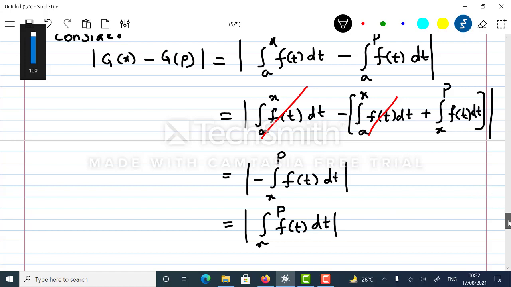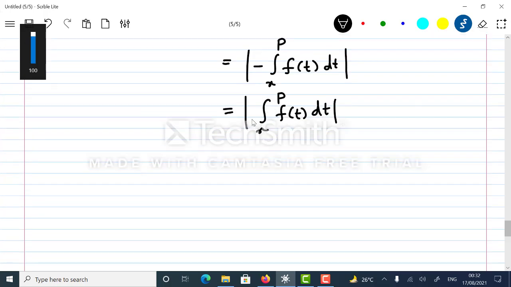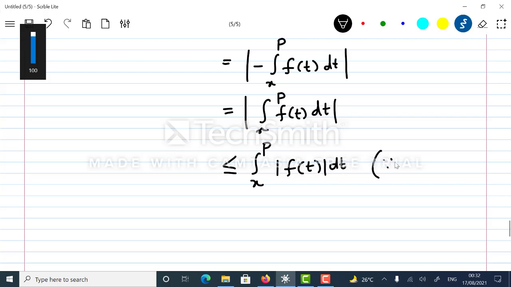But f is R integrable, so mod f is also R integrable. So this modulus can be taken inside, and this says that it is integral x to p modulus of f of t dt. The reason is, since f is R integrable, it implies mod f is R integrable.